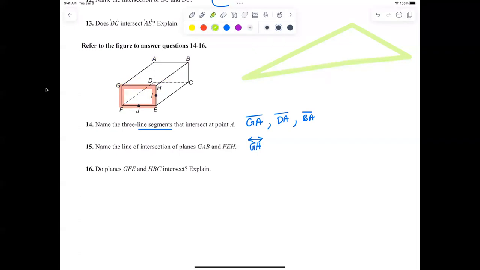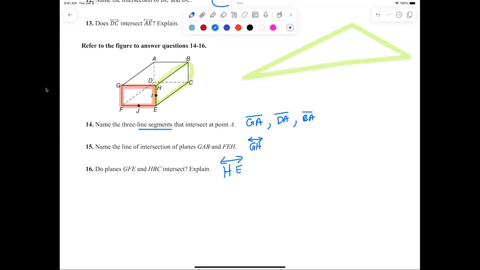So now I find HBC. Do those planes intersect? Yeah. Yeah, at HE. Do we agree? Yes. HE. I get it. All right.